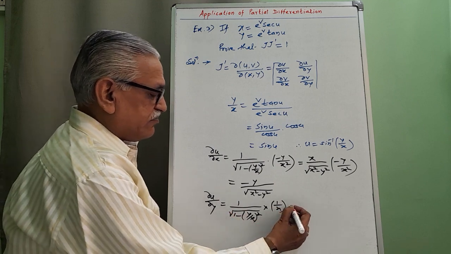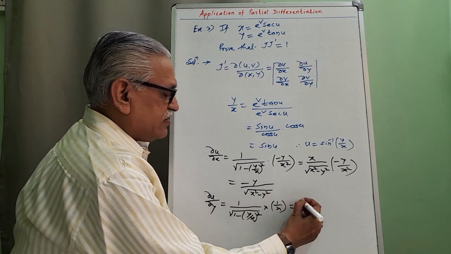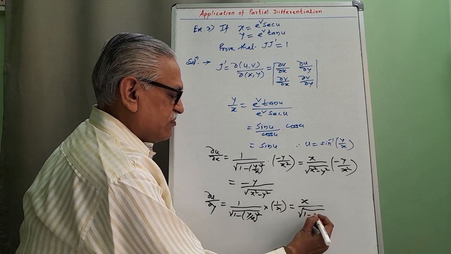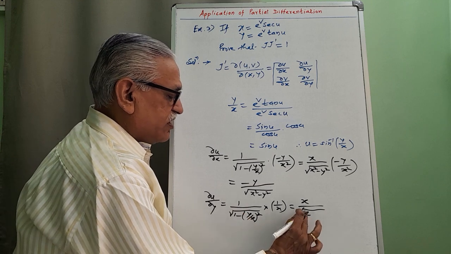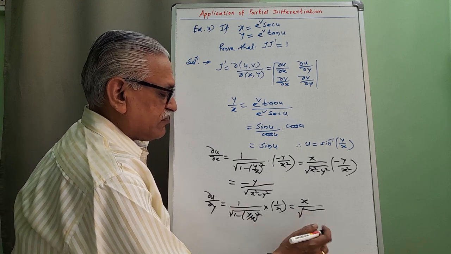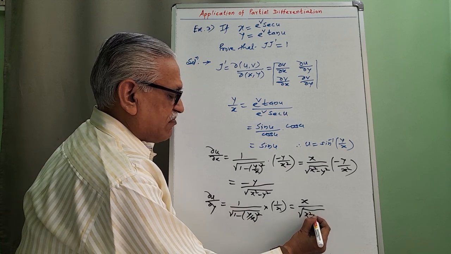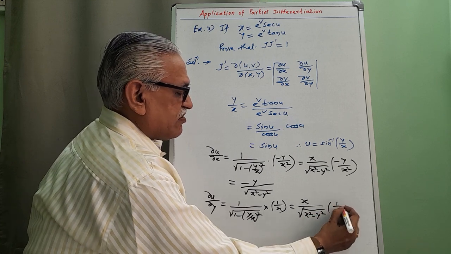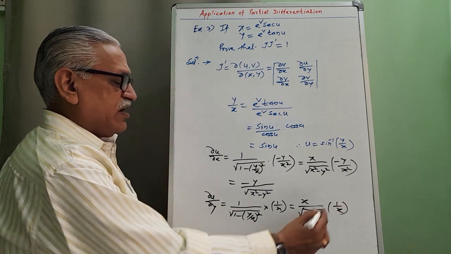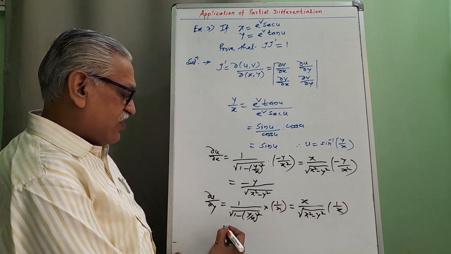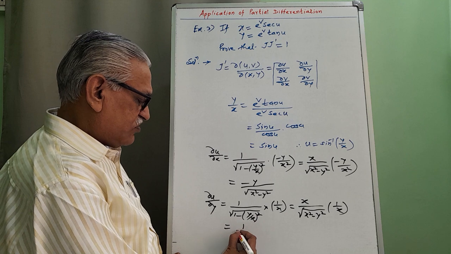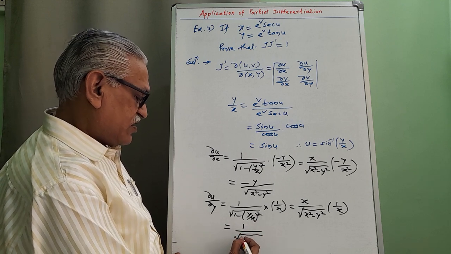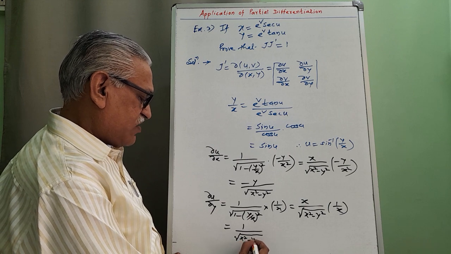Cross multiplying, we get that term as x divided by root of x square minus y square into 1 by x. The x's get cancelled, and we get that value as 1 upon root of x square minus y square.